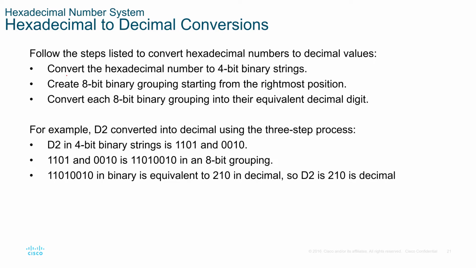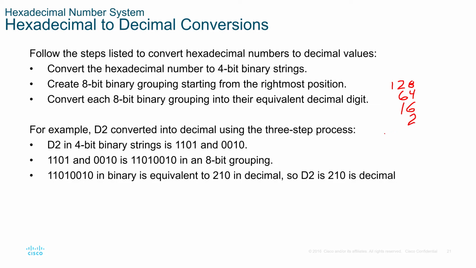If we then convert that grouping, in the first position we have 128. The second position we have 64. We do not have the 32, but we have 16. We do not have 8, we do not have 4, but we have 2.